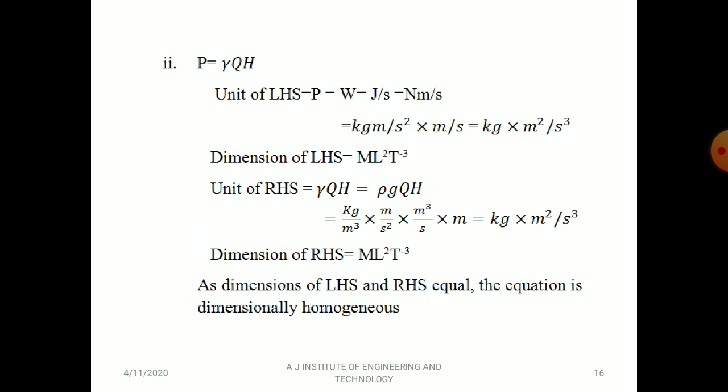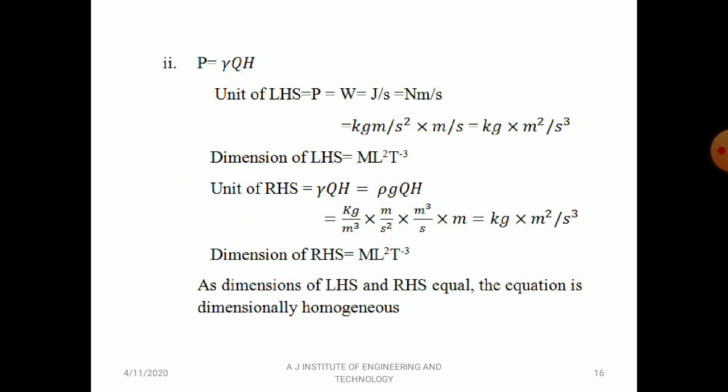So you can replace joule by Newton meter per second. Force is given by mass into acceleration, kg meter per second square, into meter divided by second. So that becomes kg meter square per second cube. Therefore dimension of LHS equal to M L square T to the power minus 3. So that is for LHS.